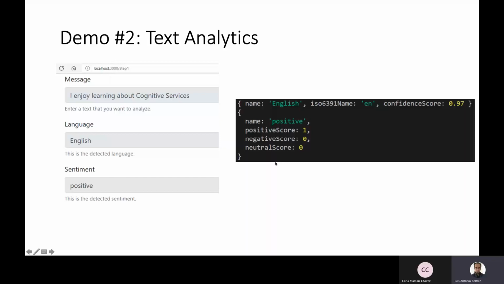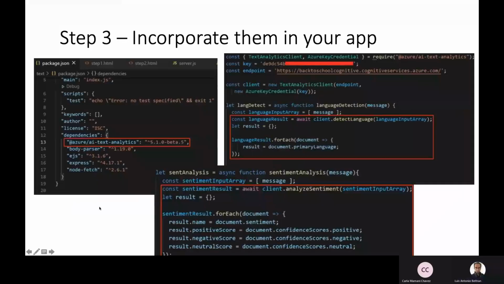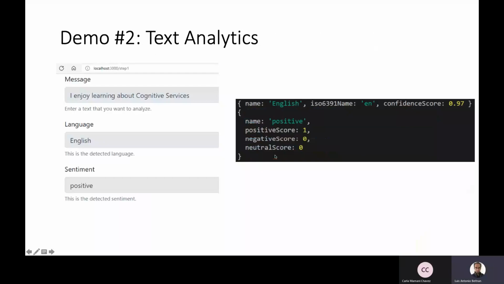Now, let's proceed to a second example, where we will explore the Text Analytics service. As you saw previously, we created a Node.js application, and we provided the key, endpoint, and code. So the idea in this case is to showcase a web application that simply analyzes some text entered by the user, and we will get the language and the sentiment.